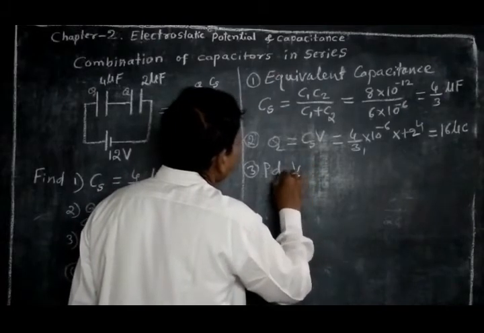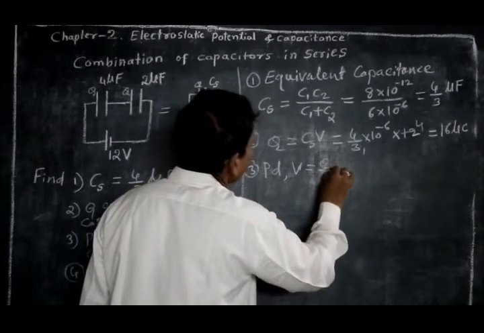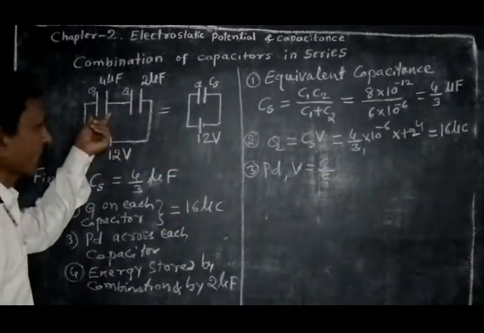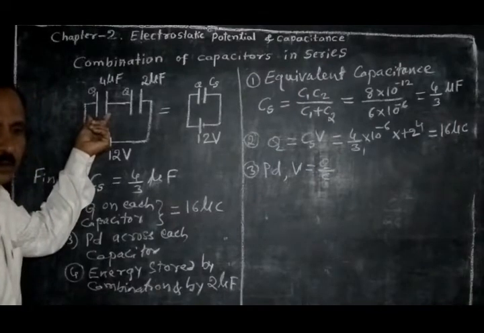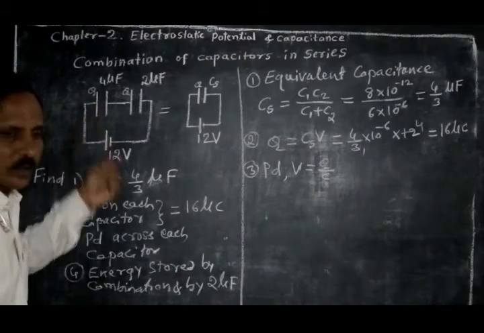We know that V equal to Q upon C. Therefore, potential difference across first capacitor is V1, and V1 equal to Q upon C1.